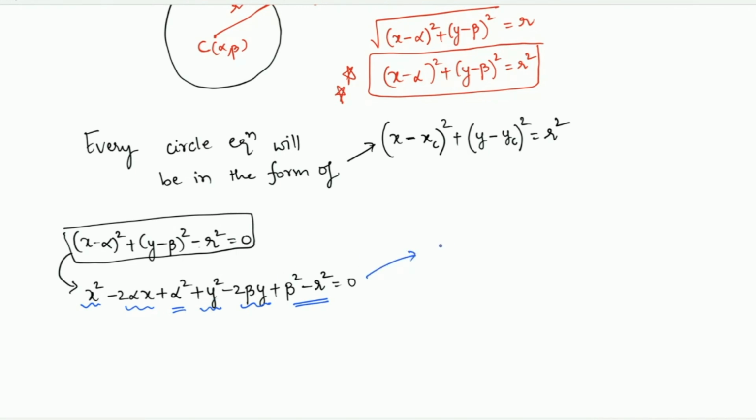So what did I notice? The circle equation contains an x square term, y square term, x term, y term, and constant term. That's it. Sometimes the x term or y term need not be present, because sometimes alpha can be 0, then the x term will be absent. Sometimes beta can be 0, then the y term will be absent.